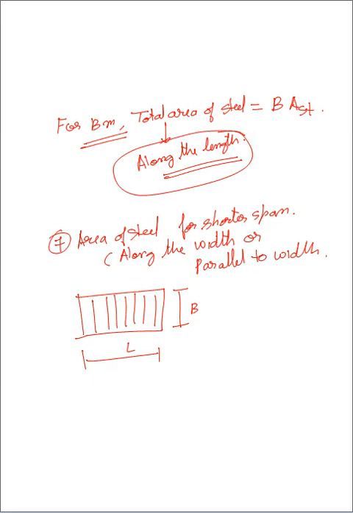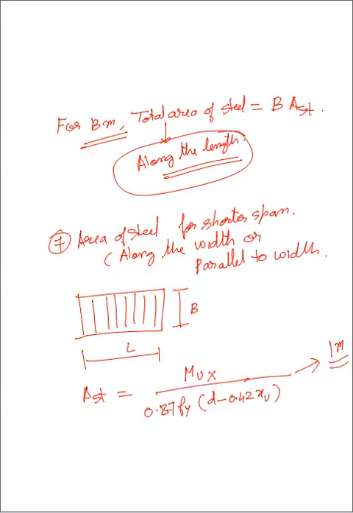For 1 meter the formula remains the same, only Ast will be with Mux. Earlier we took Muy. So here Mux divided by 0.87 fy into (d minus 0.42 xu). This is the standard formula you have to remember, and it is valid for 1 meter.